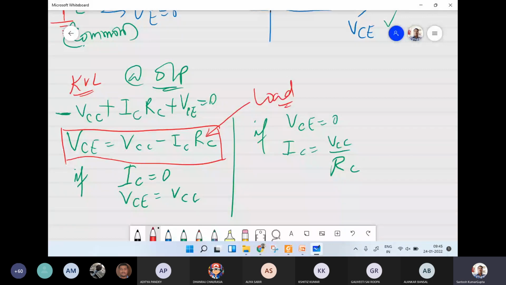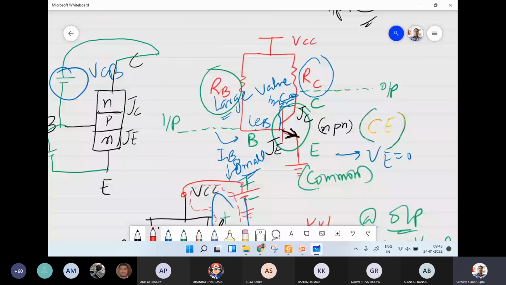So this output KVL, which consists of this load, we call a load line, because we can see that this equation looks like an equation of a line, and this comprises the load of this circuit here, RC. So for this reason, this is also called the load line.